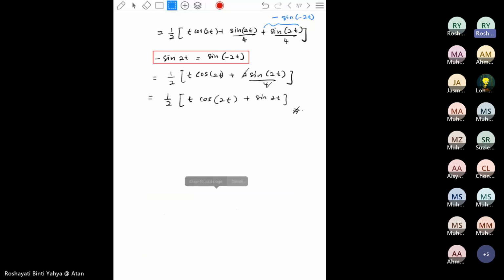Okay. Alamak, pukul 5. Sekejap. Okay, then we continue. Give me 1 minute. Boleh doktor.